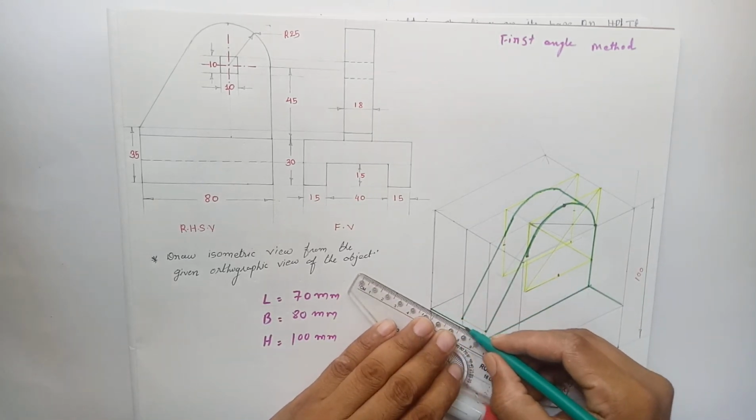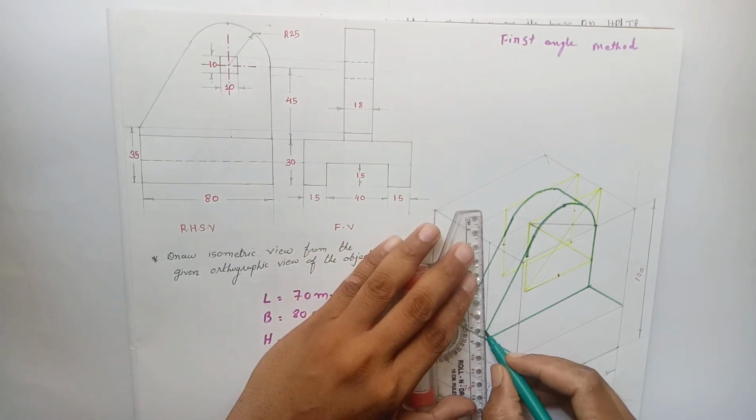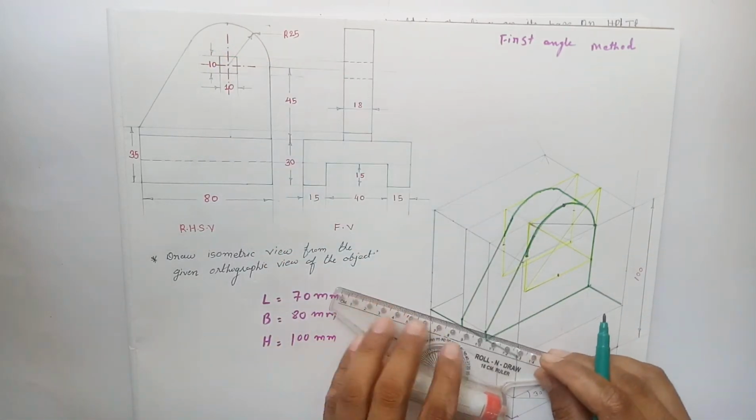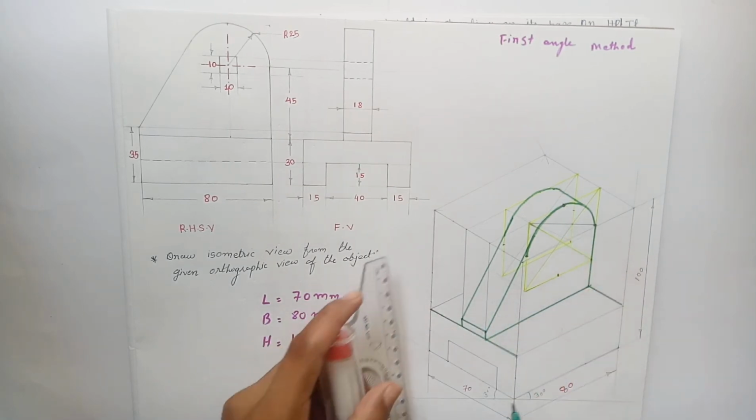Now the one thing remaining in this object is the square slot over here at the center.